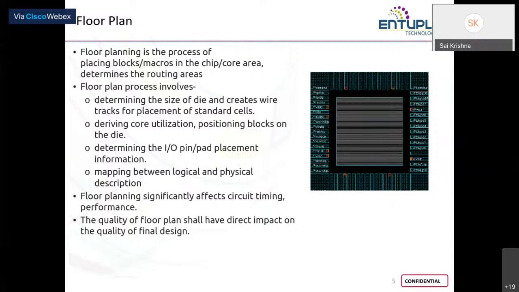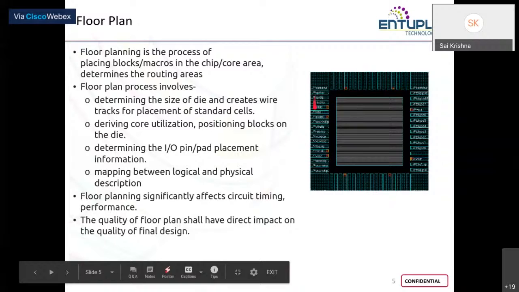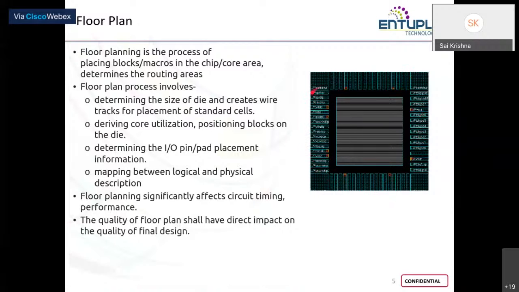Okay, so once that is done, you will place your IO pins all around your core area, as you can see it here. I hope the IO pins are visible. Okay, so this is what is done in your floor plan.